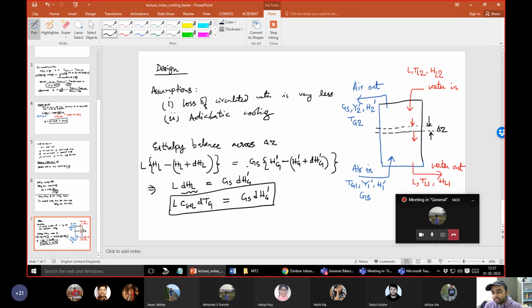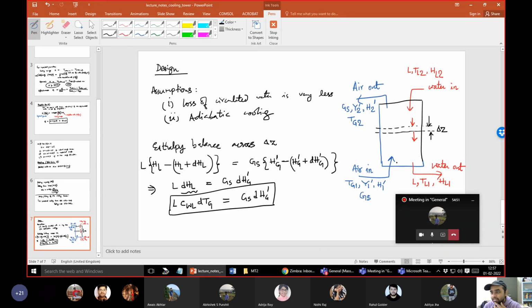We will also talk about the details of the change in the enthalpy on the gas side. That is also something you can write in terms of the temperature change, but at least this equation is clear to everyone.